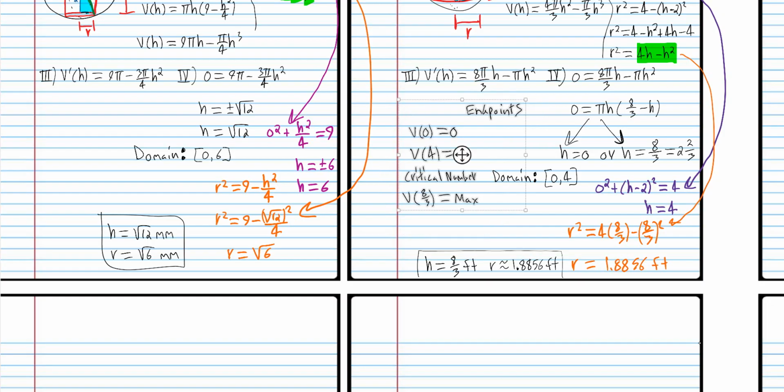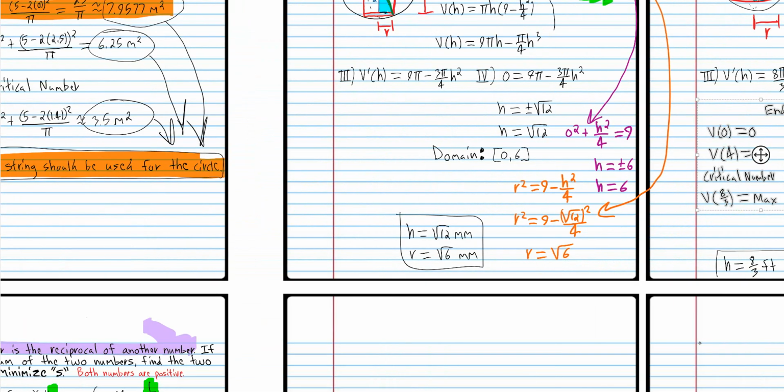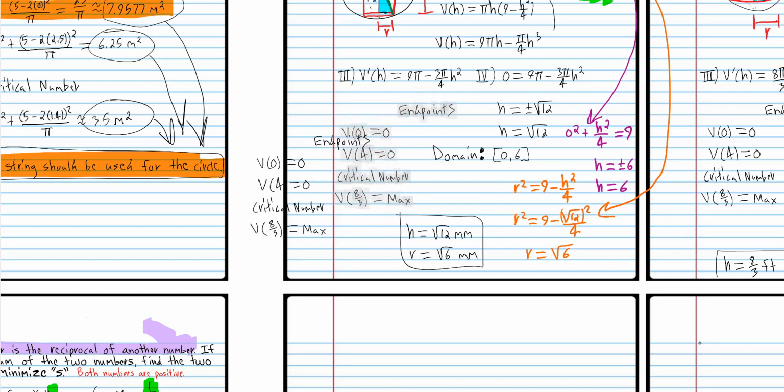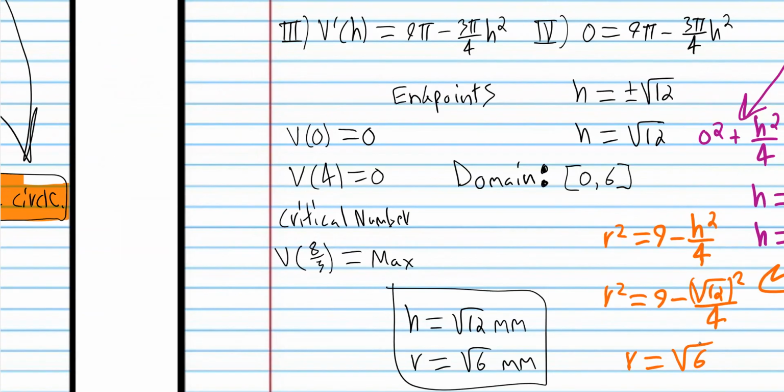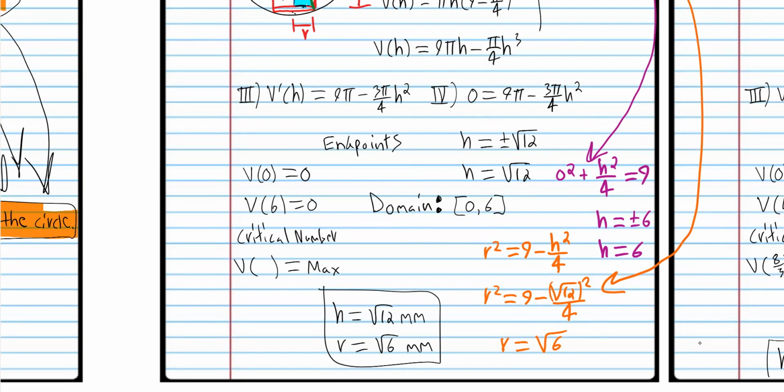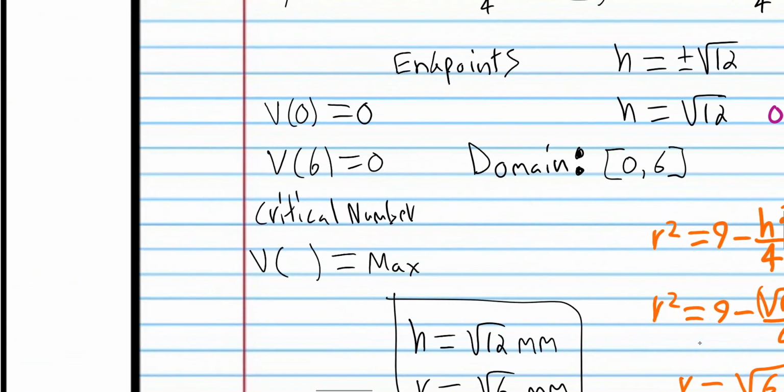Same thing on the other problem. We didn't write it, but just to be thorough, you could show that. When you take the AP exam, they're going to require you to explain everything. So we're just learning the concepts right now, but just be aware that they will require you to explain everything. So in this example, the critical number was root 12.